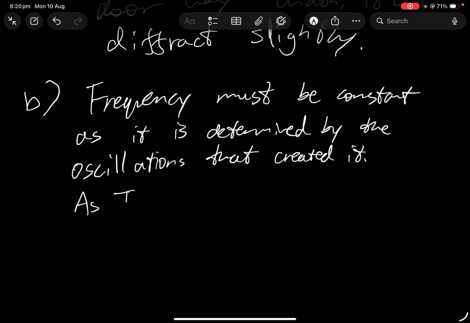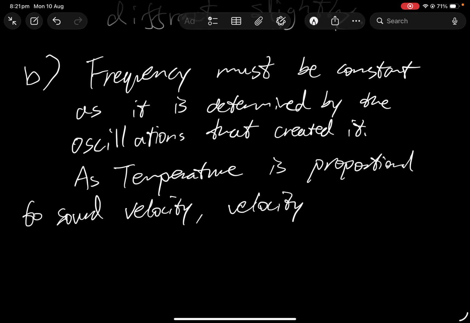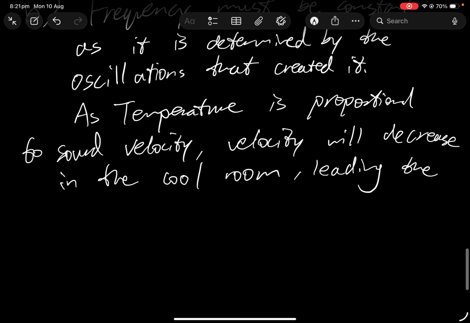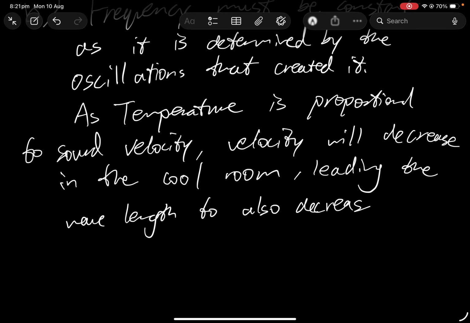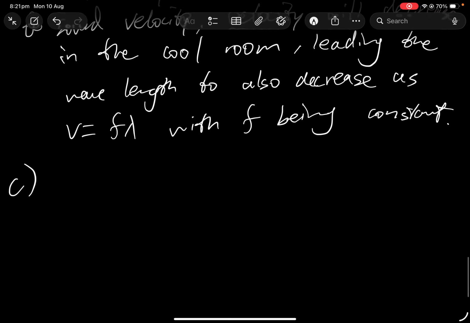As temperature is proportional to sound velocity, velocity will decrease in the cool room, leading the wavelength to also decrease, as V equals F lambda, with F being constant. Okay, that's basically how you explain. Can you explain better, I guess?